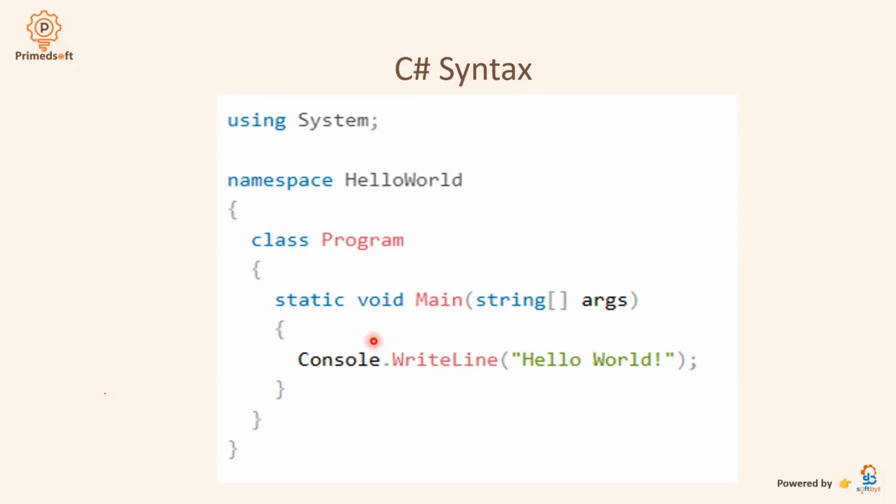Okay, so now let's start from the first line. What does using mean? Using system means that we can use classes from the system namespace. This line 1 means that you can use classes from this system.